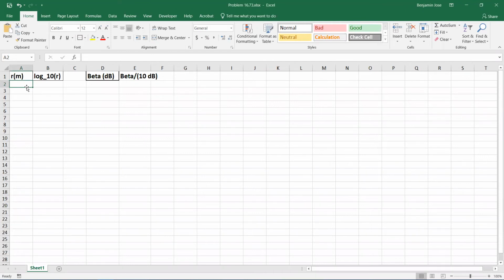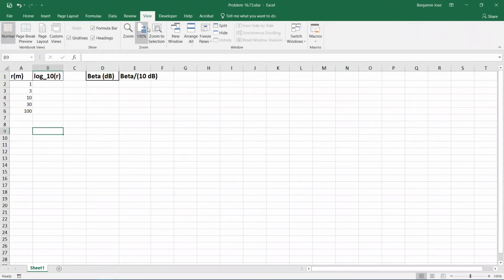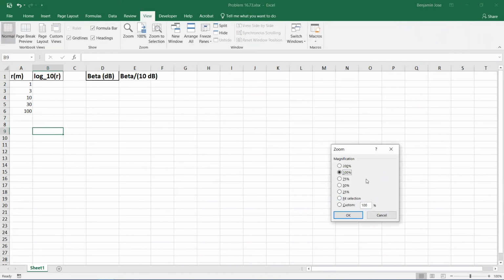We're told the sequence of distances are 1 meter, 3 meters, 10 meters, 30 meters, and 100 meters. Let me zoom in a bit so these numbers look a little bigger on your screen.